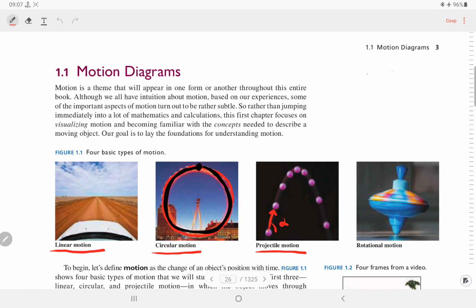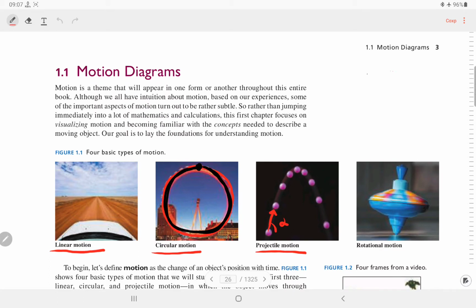Here the range means horizontal displacement, and the height means vertical displacement, they both change. So that's why we call it projectile motion, or motion in two dimensions.